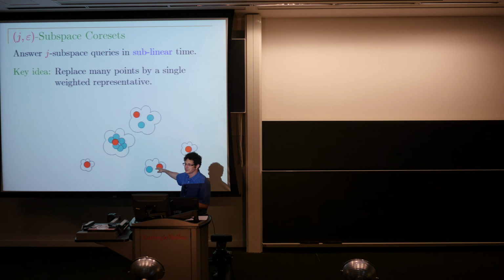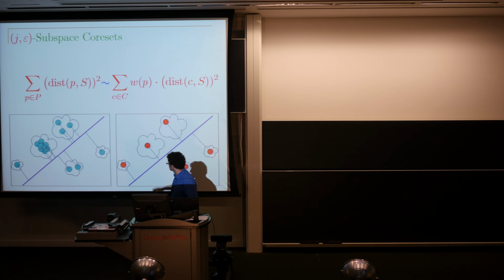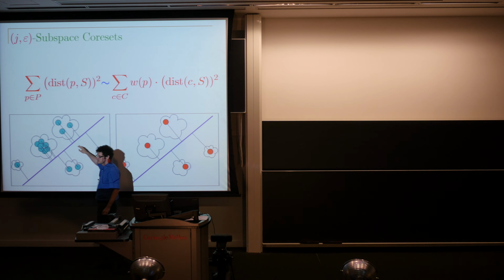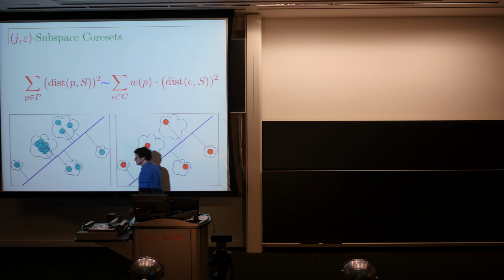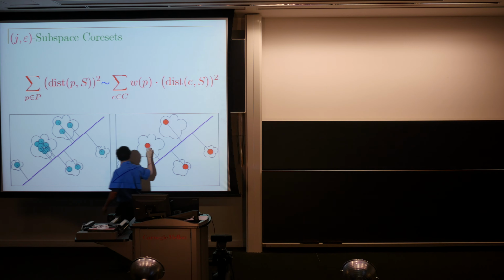So again, the output, the coreset, is always points, not lines, not subspaces. But the claim is now that when you give me a query subspace, the sum of square distances from the original points to this subspace will be approximated by that from the coreset points to this subspace. So if you do dimensionality reduction and you want to find the line or the subspace that minimizes the sum of square distances, you can also use the coreset.